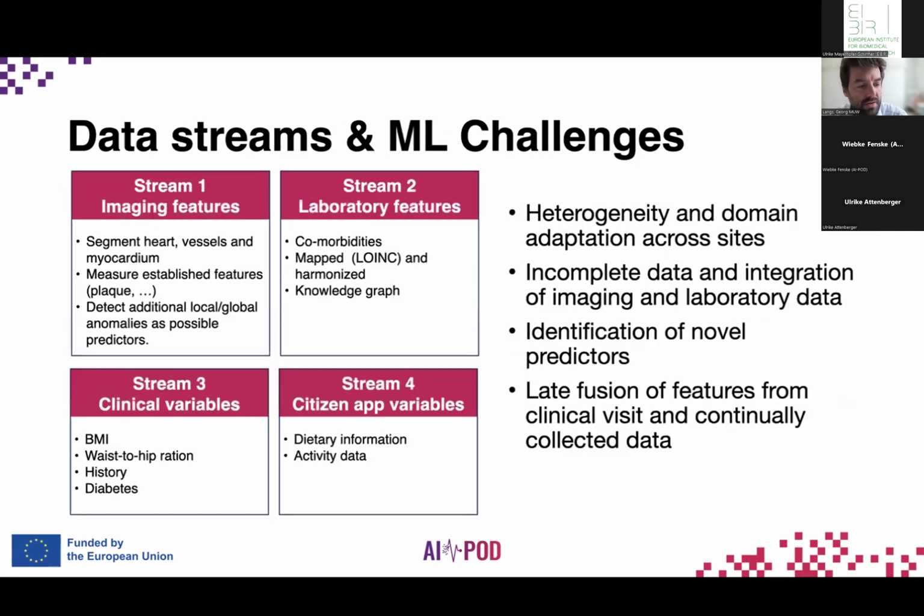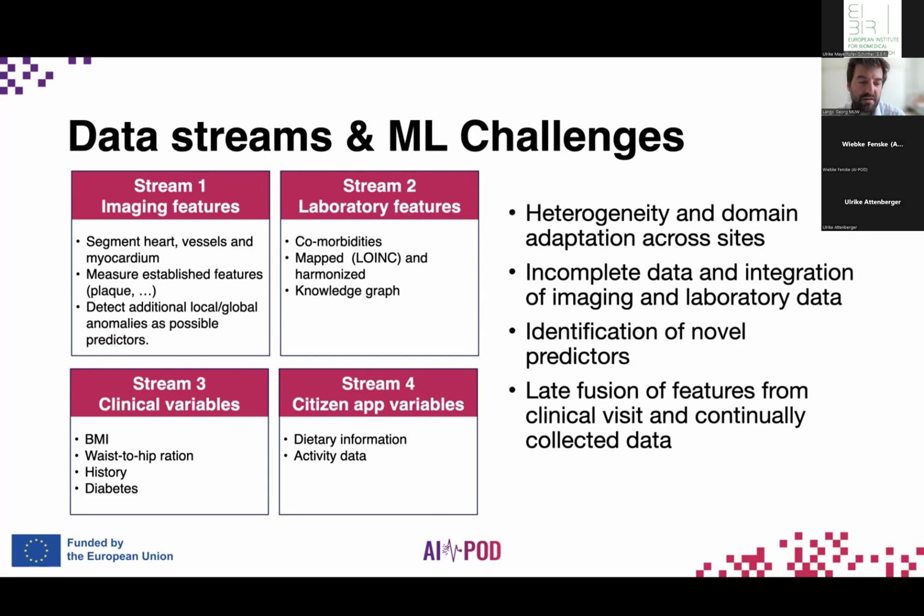Data streams and machine learning challenges, again: imaging data, laboratory data, clinical variables, and the citizen app variables. I think the challenges for machine learning, and sometimes there is this impression that machine learning is essentially solved, and I think it's not.